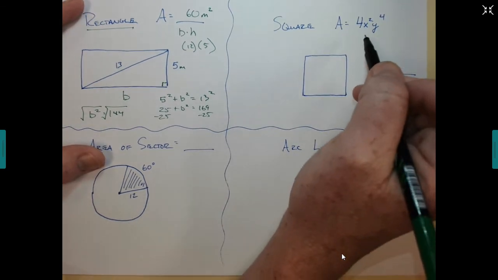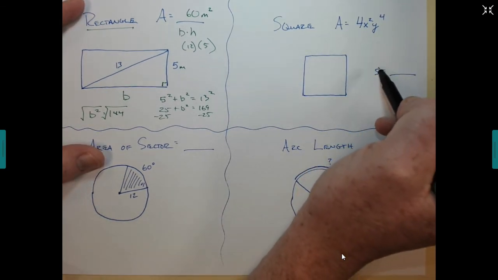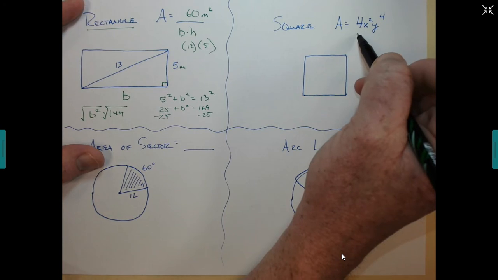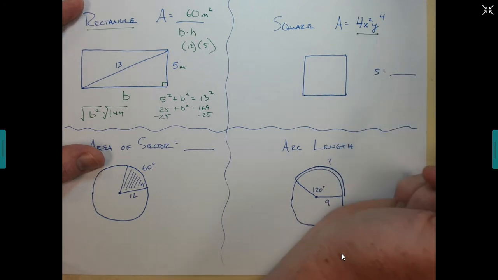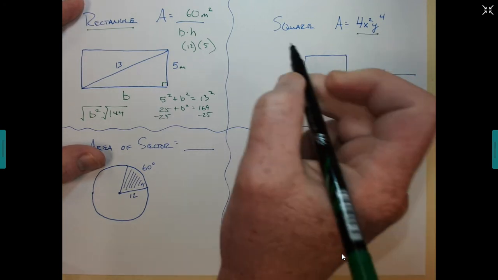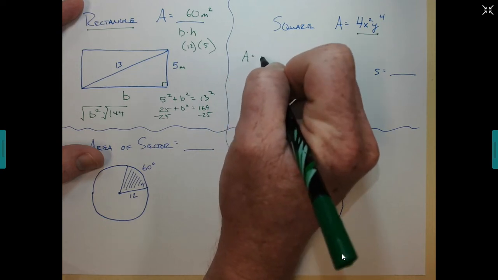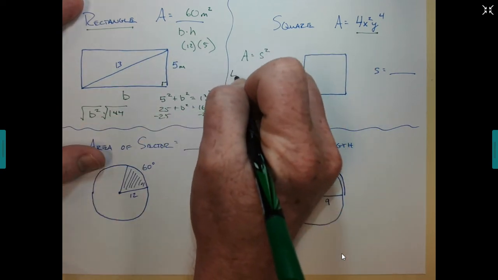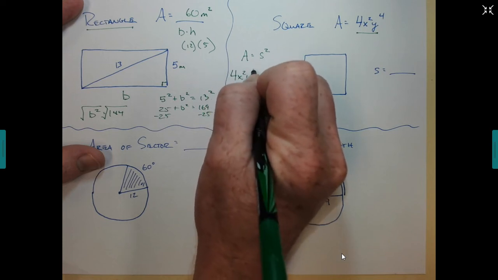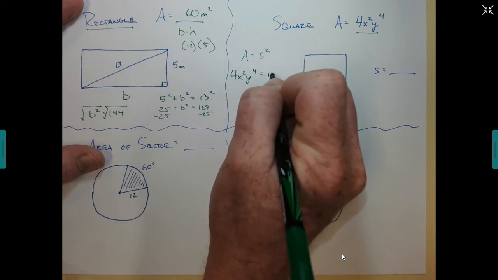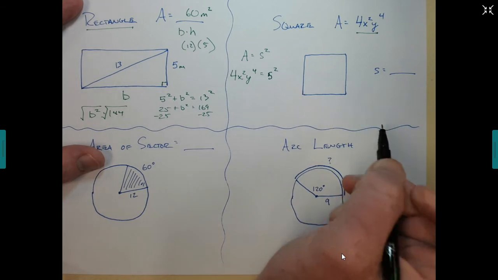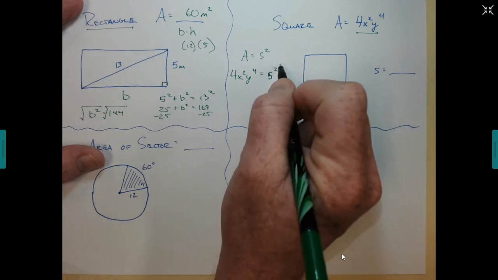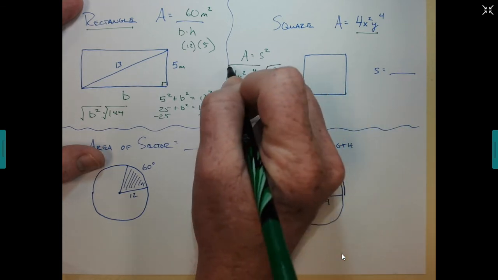Here, I'm working the idea in the opposite fashion. I already told you what the area is. Well, what does each side have to be? If area was found using that formula, we already know the area is 4x squared y to the fourth, which equals side squared. I just need to find the square root of this.